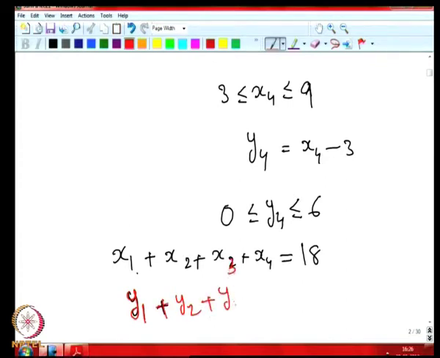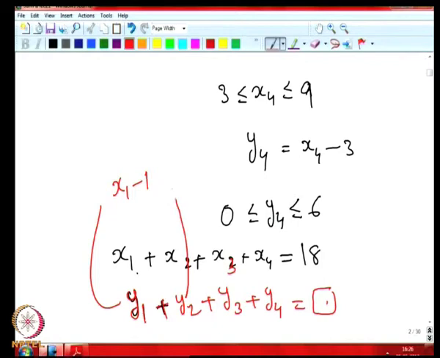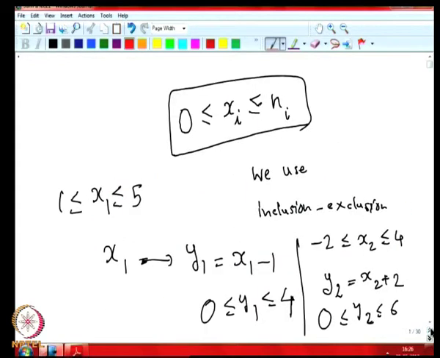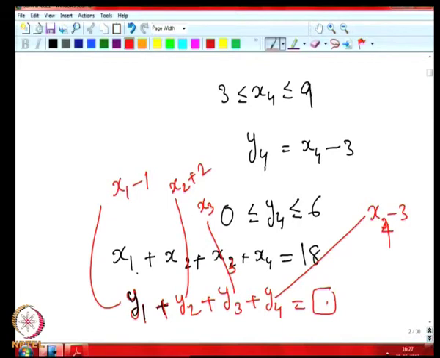What is this? The change is that y1 was x1 minus 1, y2 was x2 plus 2, y3 was x3 only, and y4 is x4 minus 3. You can just check it here.